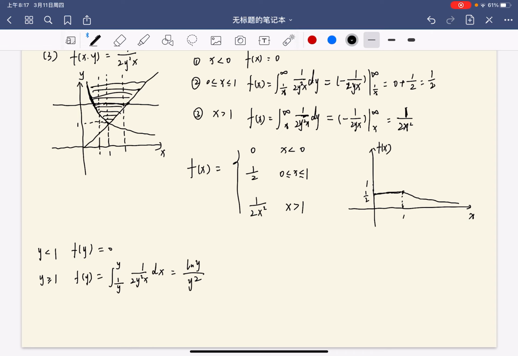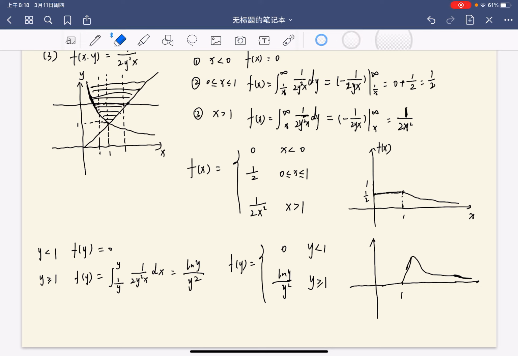And so we can write f(y) as 0 when y is smaller than 1, and when y is greater or equal to 1, it equals ln y divided by y to the power of 2. So we can draw the figure of y.